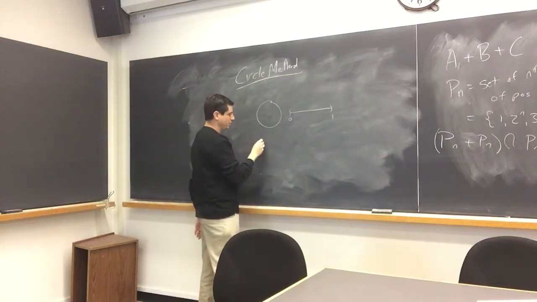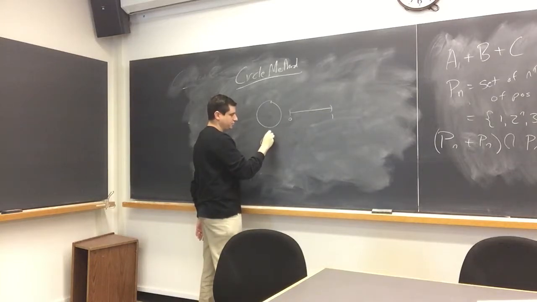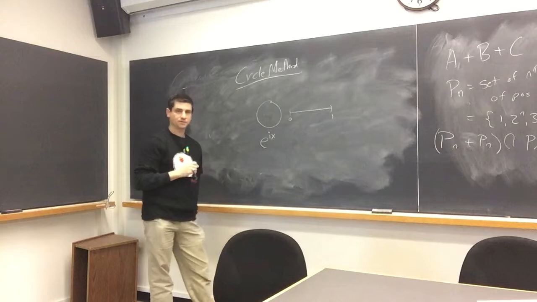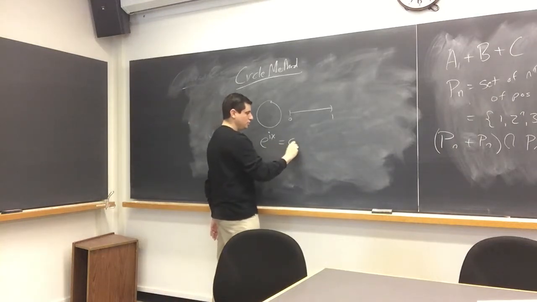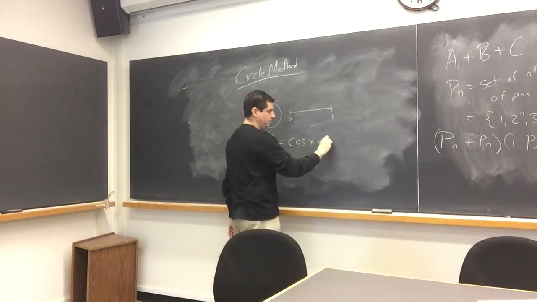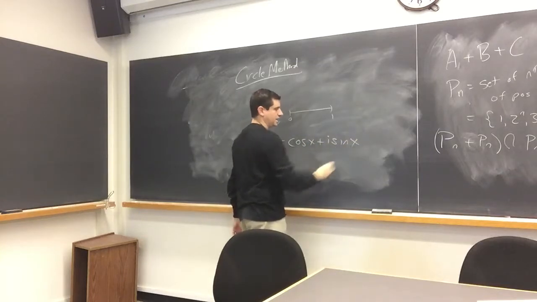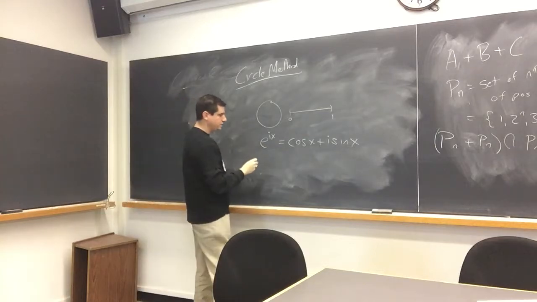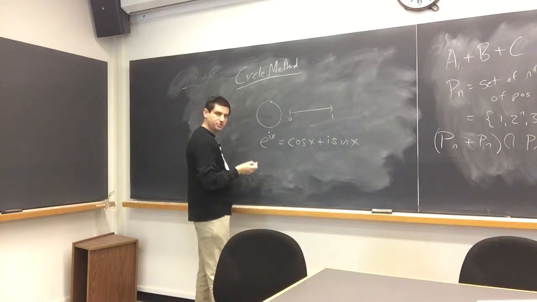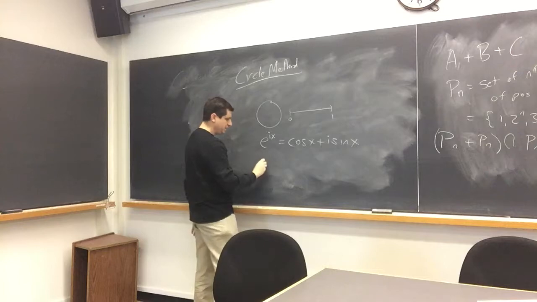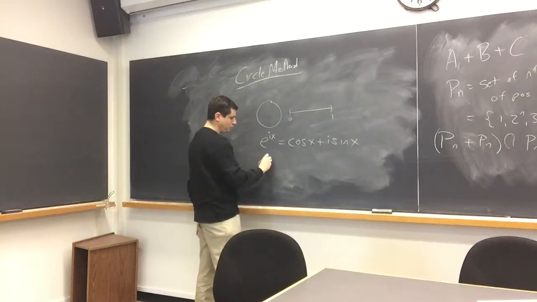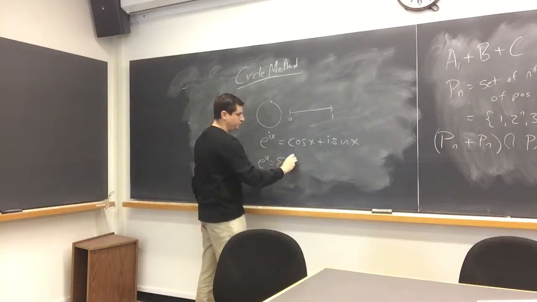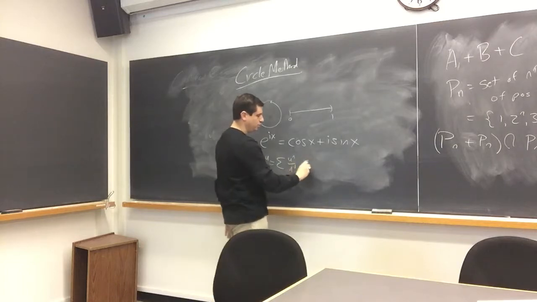So the idea is the following. How many of you have not seen this function e to the ix? Okay. This is cosine x plus i sine x. One way you can see this is with Taylor series expansions. We know e to the u is the sum of u to the n over n factorial.